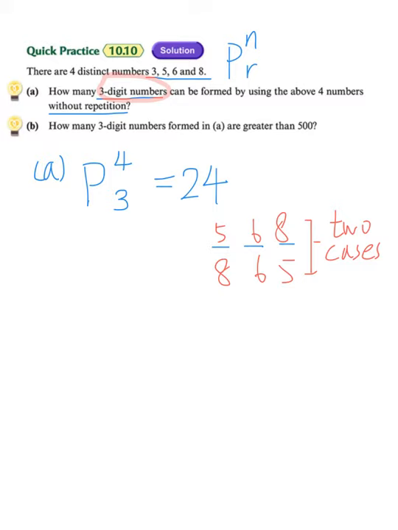Okay, so then for part B: how many 3-digit numbers formed are greater than 500? You can see that this constraint, greater than 500, is more restricted compared with this 24.